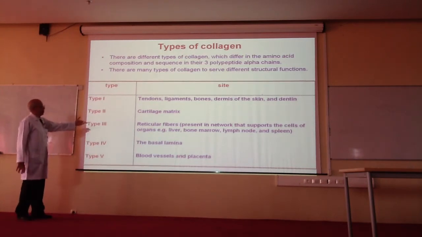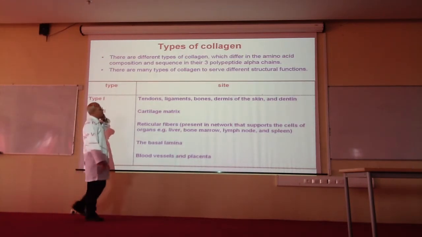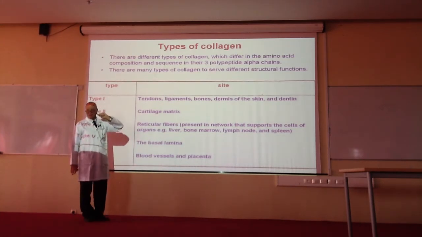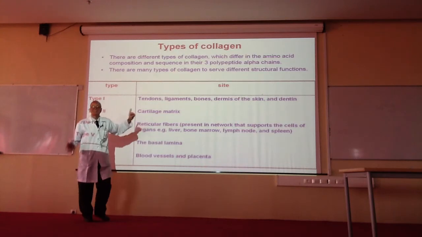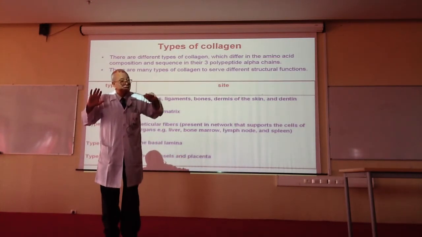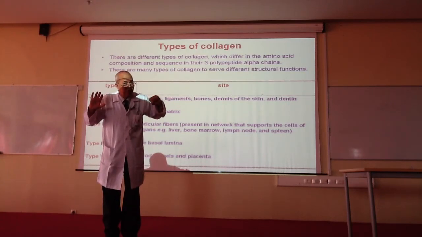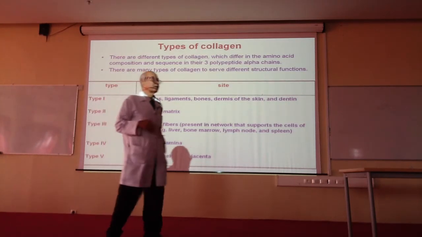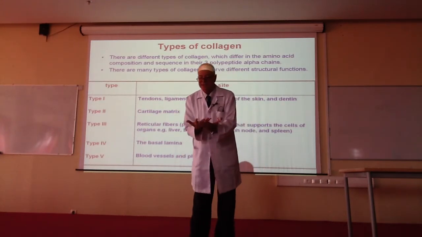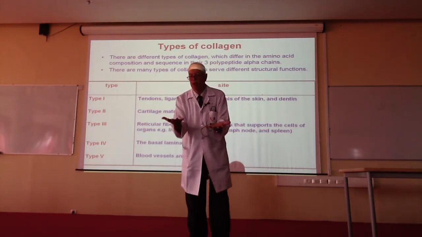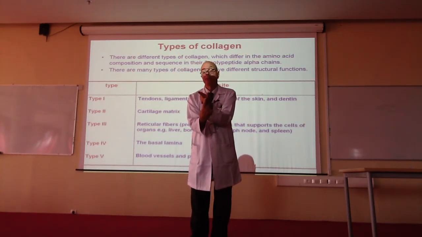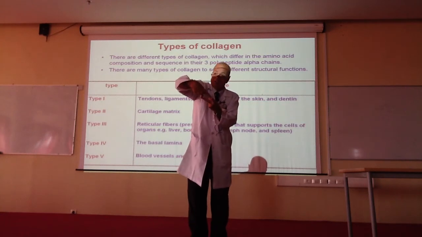Type 3 forms fibers called reticular fibers. Its function is support of parenchyma cells. Reticular fibers are thin, the thin ones are branching, and the branching ones are anastomosing.